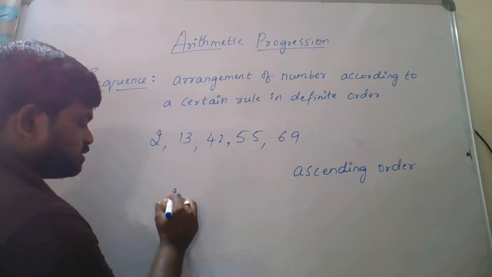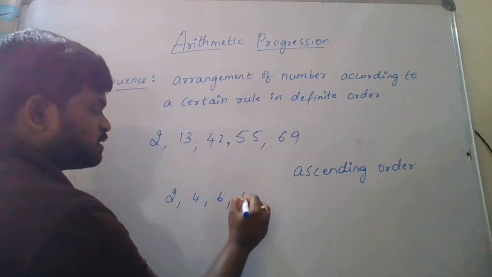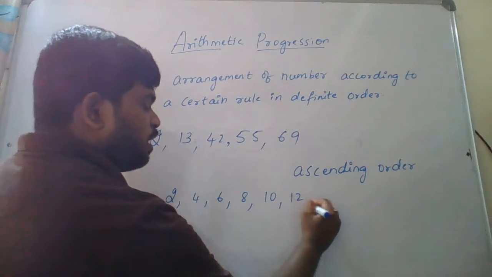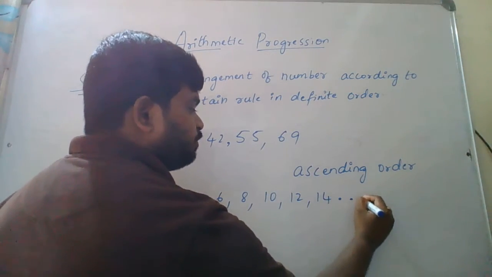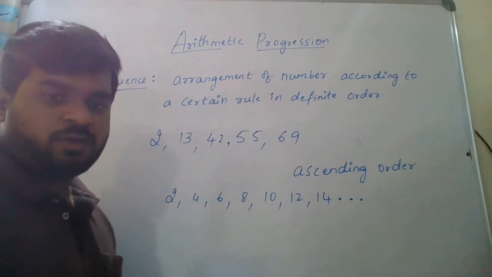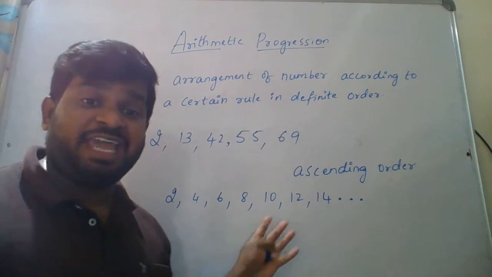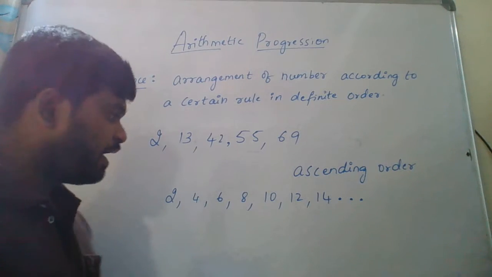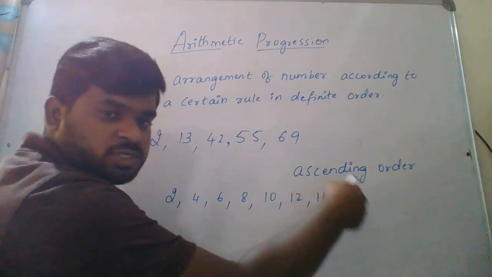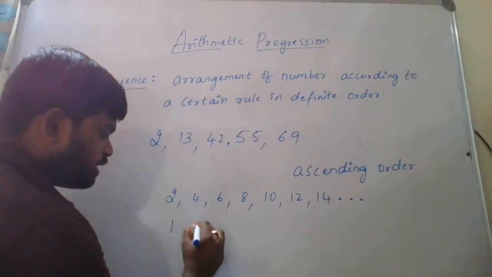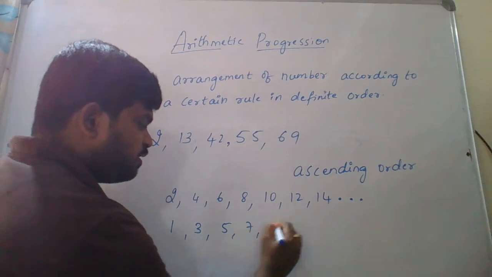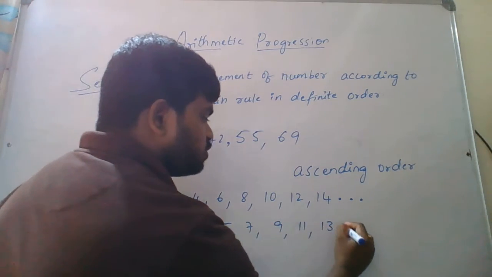Or let's take like this: 2, 4, 6, 8, 10, 12, 14, so on. This is also a sequence. I can say sequence of even numbers. Or I can say I've just added 2 to each number. I can also say 1, 3, 5, 7, 9, 11, 13, so on.